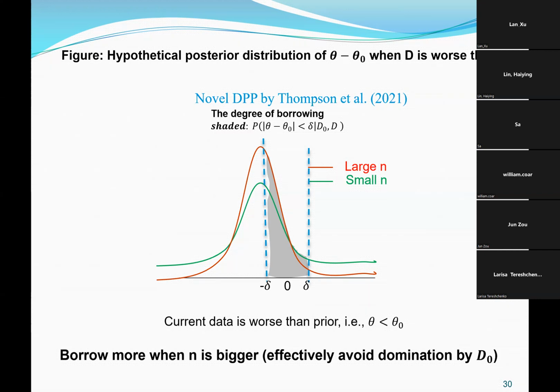In this way, we actually borrow more when the sample size n is larger, effectively avoiding domination by D0. That's why for our approach, we don't want too small a percentage of D1 to determine the alpha 0. So at the interim, we usually recommend about 50% to fix the alpha 0 at the interim analysis. Next slide, please.